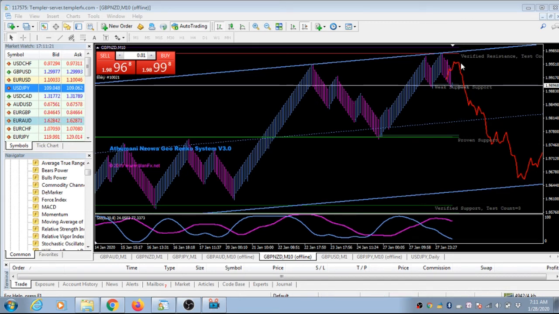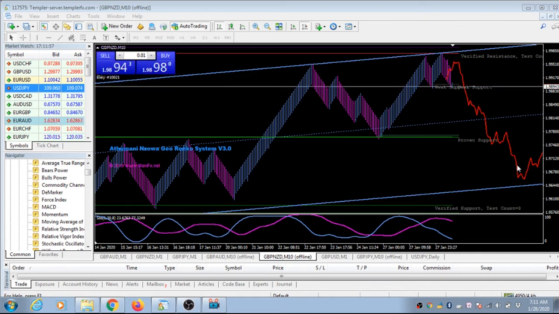And the future line, which is this red line, gives you a glimpse of where the market is going to go. These are the key points that I have addressed in my system that a lot of traders are facing.